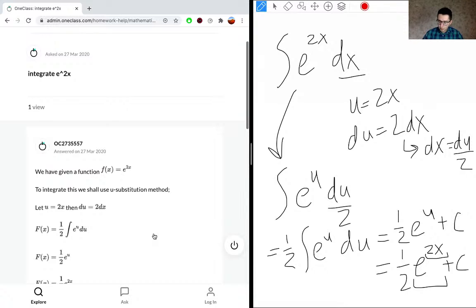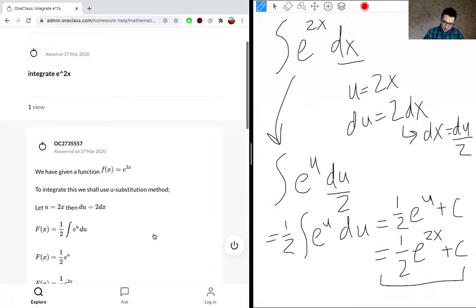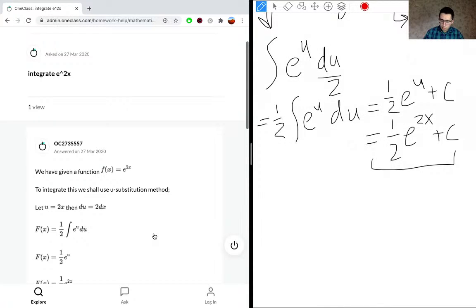If we took the derivative of 2x, we know that the derivative of 2x is 2, and we have to multiply that by this function. So we would get 2 in the front, and then we have to take the derivative of the rest, so we have a half e to the 2x, and then the derivative of a constant is just 0. And we can see how this simplifies down to e to the 2x.